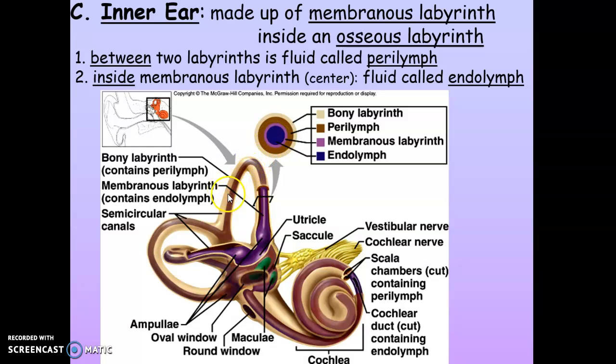So it doesn't matter if you're looking in the semicircular canal, down the vestibule, or out in the cochlea. When you look from the outside to the inside, it will have these three layers.